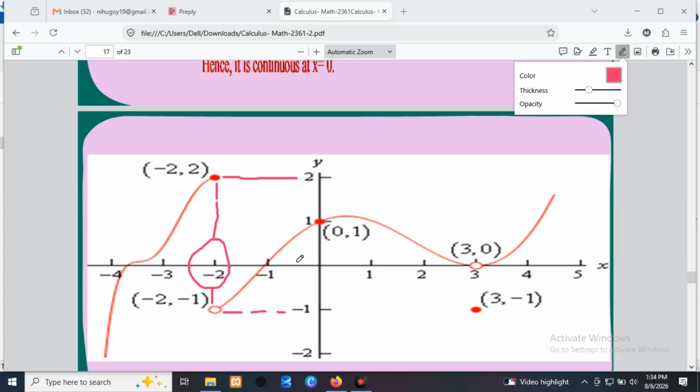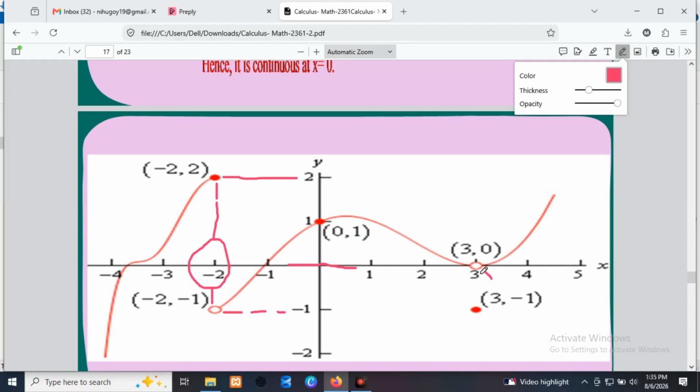But for 0, which is 1, the same is true if you come from this side, again 1, then the limit is defined, it exists, and if it exists, the limit is the functional value. No gap, no hole there.